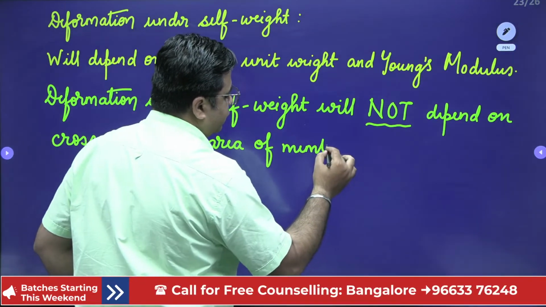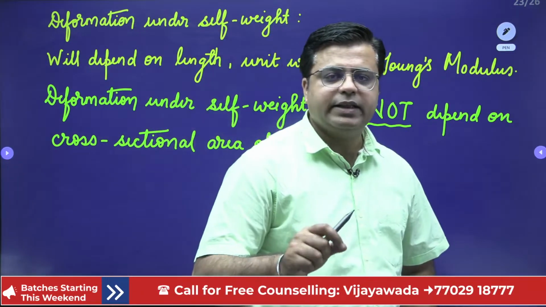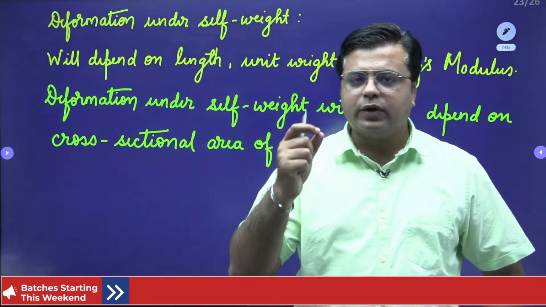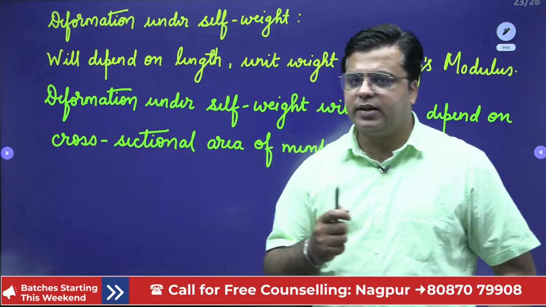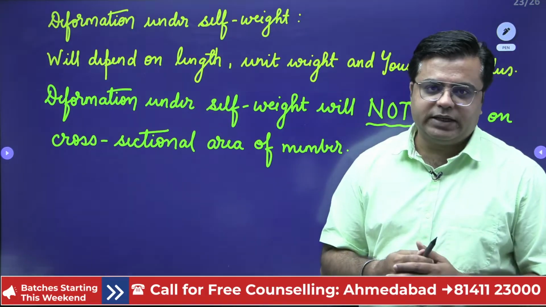These two statements are important because in the examination, either you can get a calculation of the total deformation under the self-weight, or you get a question in comparison form, right?